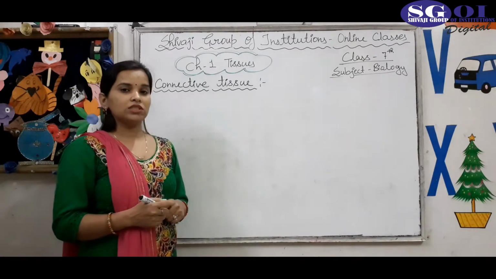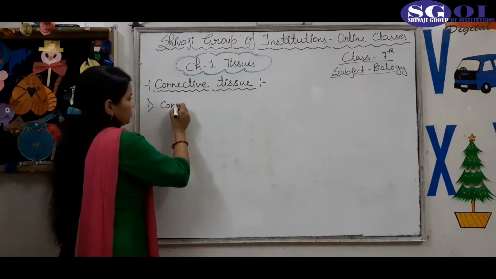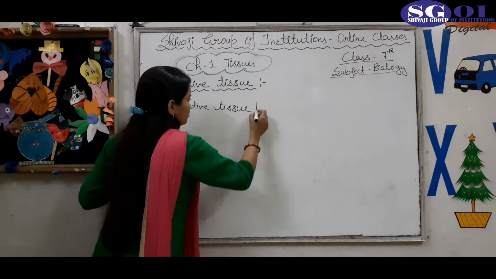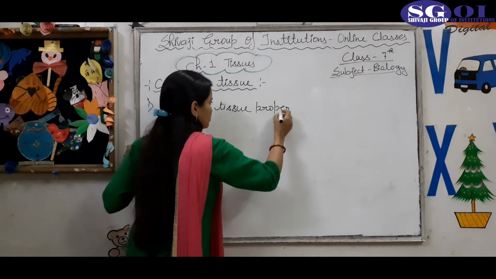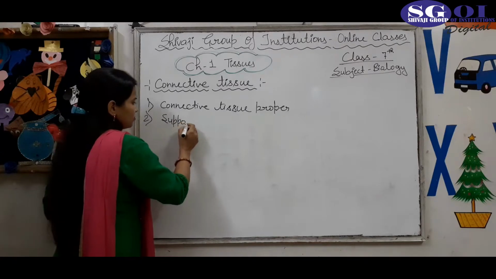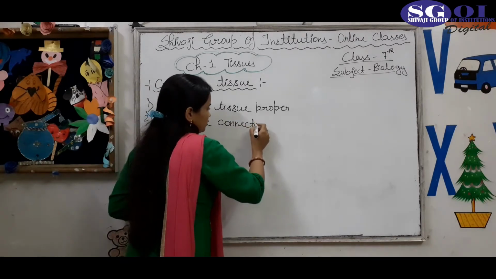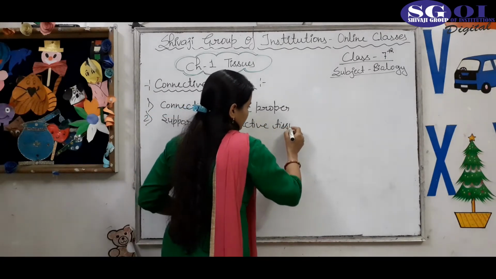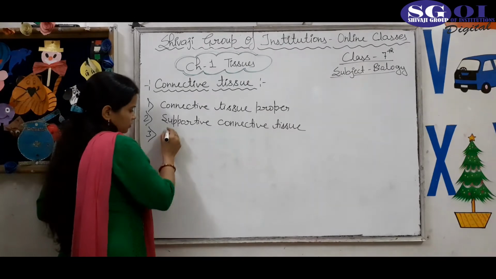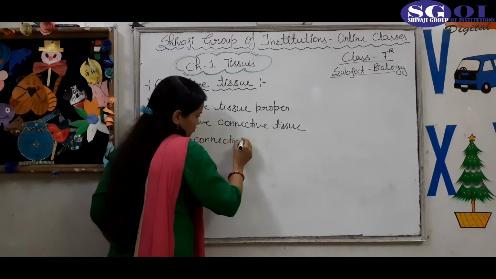Depending on the structure and function, connective tissue is of three types. First is connective tissue proper, second is supportive connective tissue, and third type is fluid connective tissue.